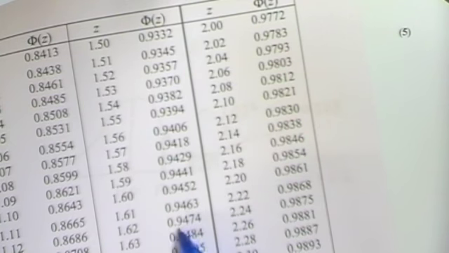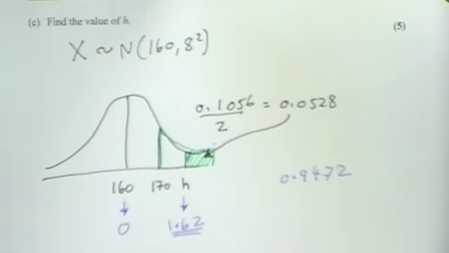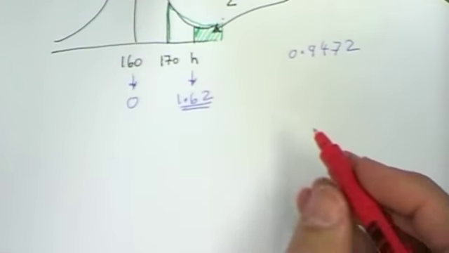This is as close as I get, 0.9474. The next one, 1.61, is quite a lot lower, so I'm just going to take this as the value, 1.62. So z is 1.62. Now if I use my z formula, I can find out what h is.